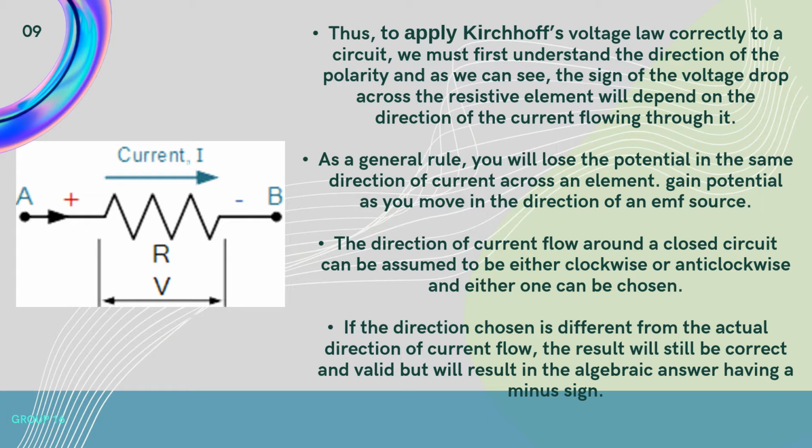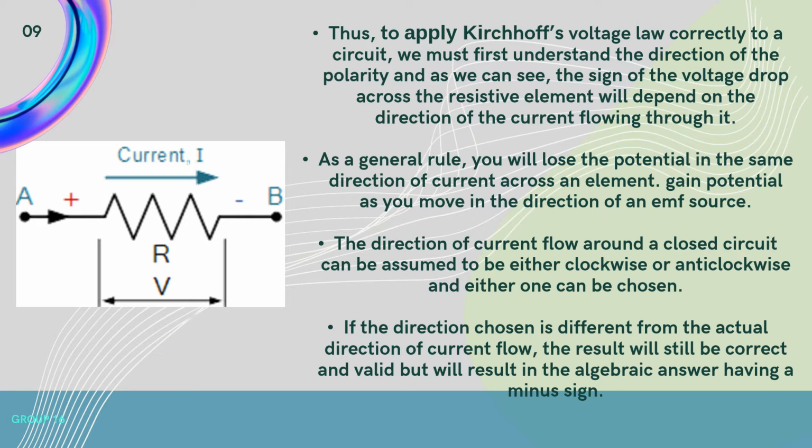Thus, to apply Kirchhoff's voltage law correctly to a circuit, we must first understand the direction of the polarity. As we can see, the sign of the voltage drop across the resistive element will depend on the direction of the current flowing through it. As a general rule, we will lose potential in the same direction as current across an element, and we will gain potential as we move in the direction of an EMF source.